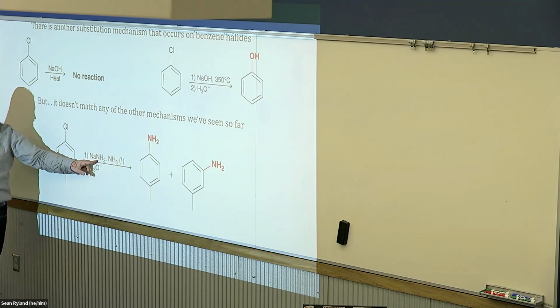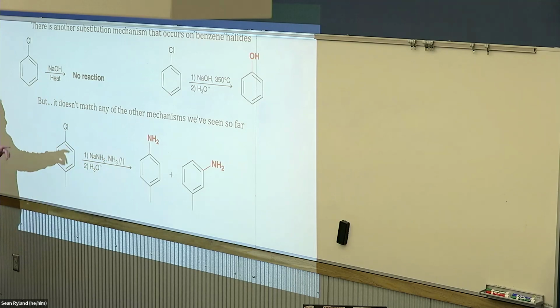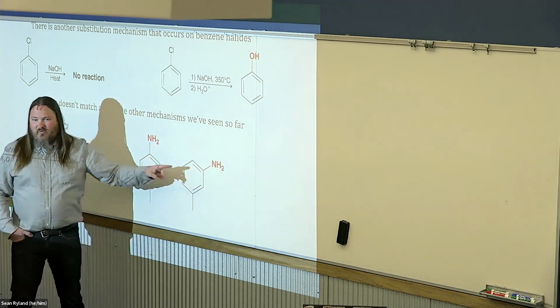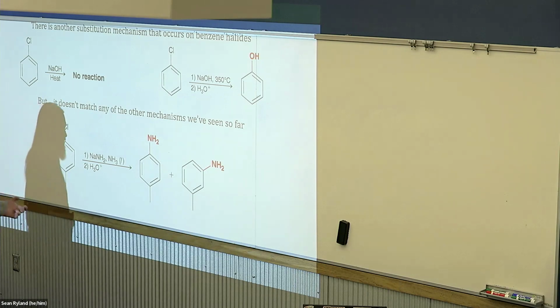So if we do that with amide, and they're just using liquid ammonia as the solvent, since we're using amide as the base, we don't get ortho para versus meta, we get the para and the meta. So that's your first hint that something weird is going on. It doesn't match with any of those sigma complexes, Meisenheimer complexes. So something else is happening here.